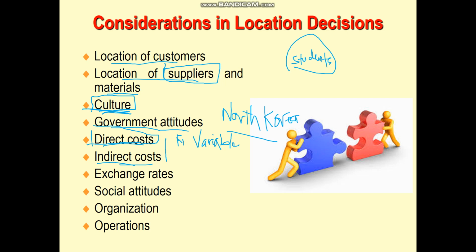For example, the management cost, insurance, and also this one is considered as fixed cost and it's not affected by the production quantity. It's not always correct, but it's mostly okay. And other considerations like exchange rate or social attitudes.